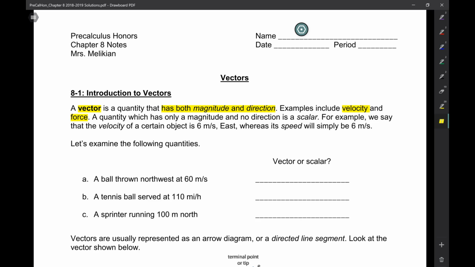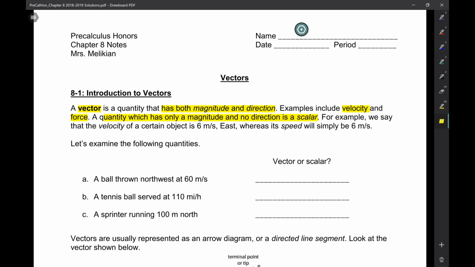A quantity which has only a magnitude and no direction is called a scalar. And do you remember, where have we seen that word scalar before in this class? That's a scalene triangle. In this specific class, do you remember in chapter 6? It's matrices. In chapter 6, when we multiplied a matrix by like 3, we called that scalar multiplication because just the 3 on its own, without it being part of a matrix, is a scalar.